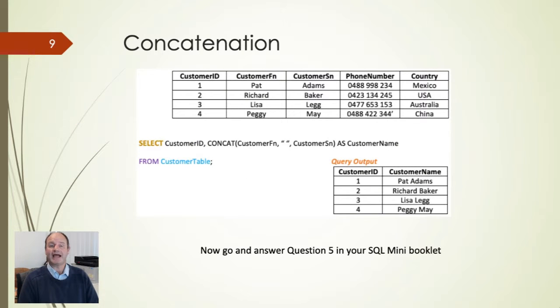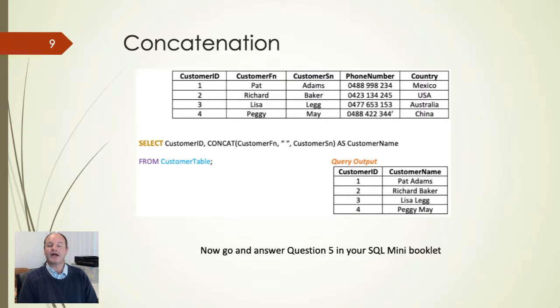Here we see how to concatenate. Concatenation is the combining of two fields into one. On the select row, we have selected the customer ID field and we want to join together or concatenate two fields.